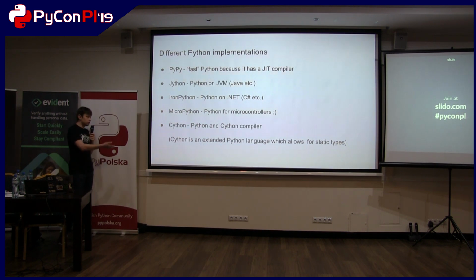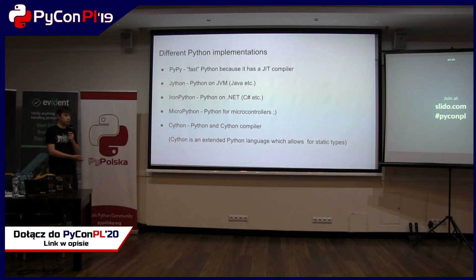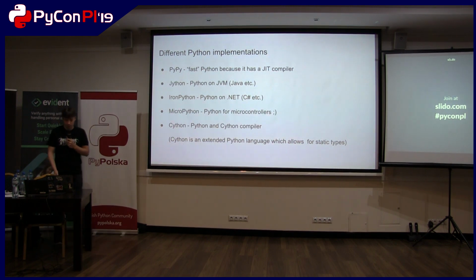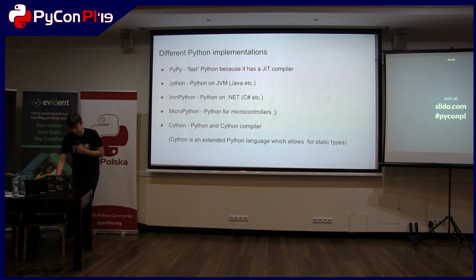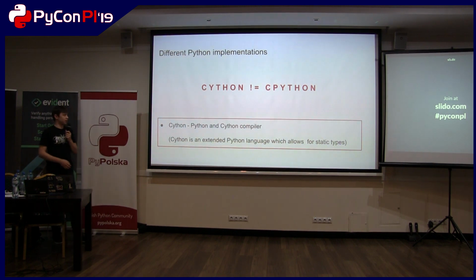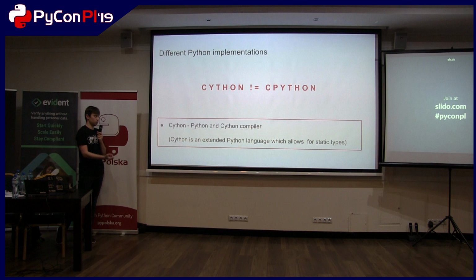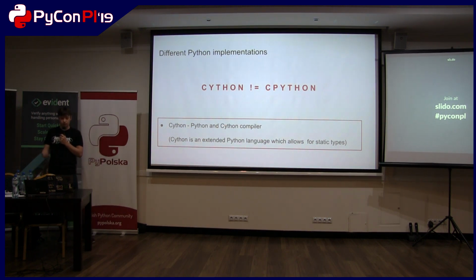Because of that, if you use Cython, the code with the static types will be faster. But we are not going to discuss this today. Just remember, Cython is a different thing from CPython, because CPython is the reference implementation written in C, and Cython is this Python and Cython compiler.